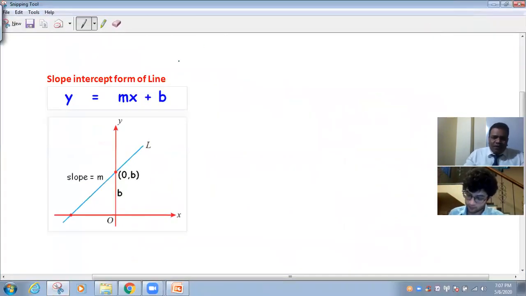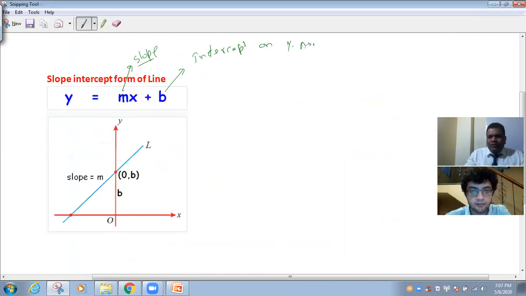So what is m here? Slope. What is b here? Intercept on the y-axis. Right. So slope, you know very well, if this angle is theta, then m is tan theta.